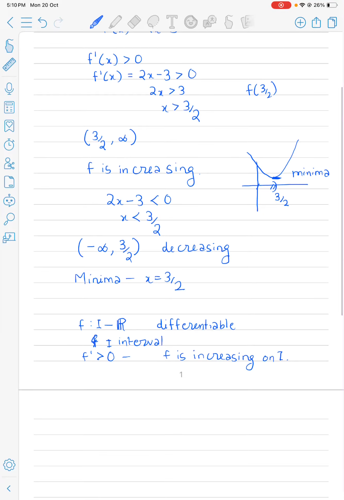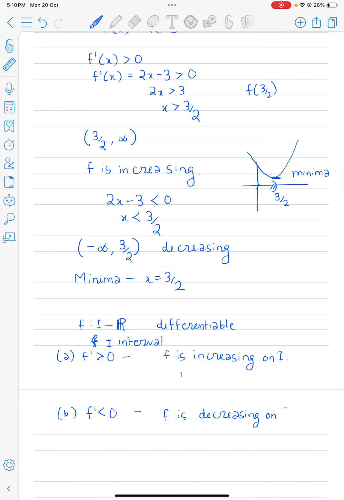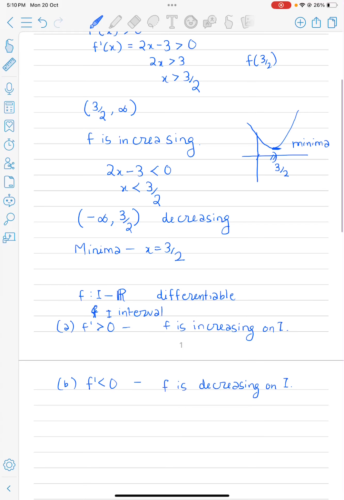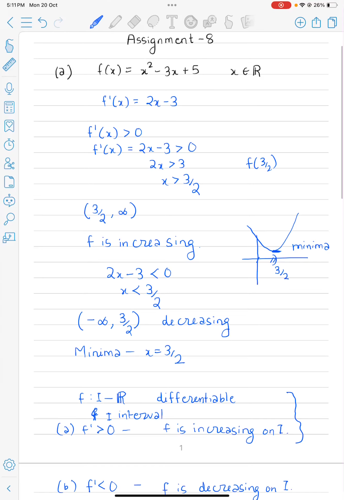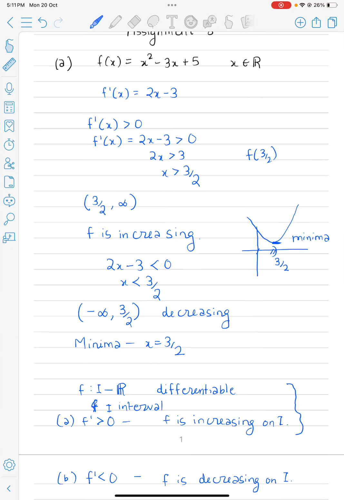And similarly, if f' is less than 0, then f is decreasing on I. Okay. You check out my earlier video. There I have given proof for one of these. Okay. So this concludes 1A.